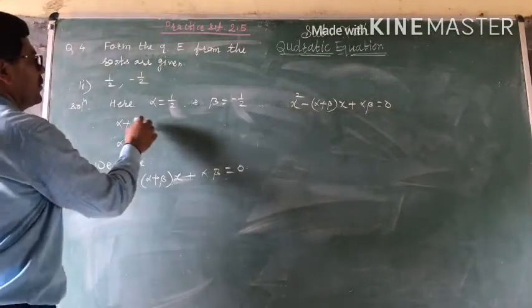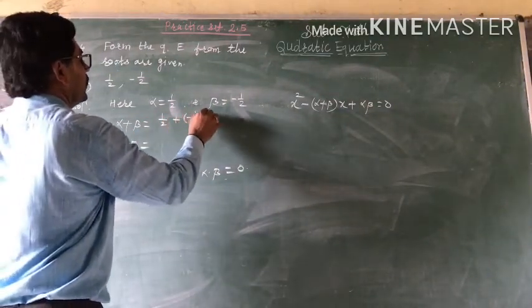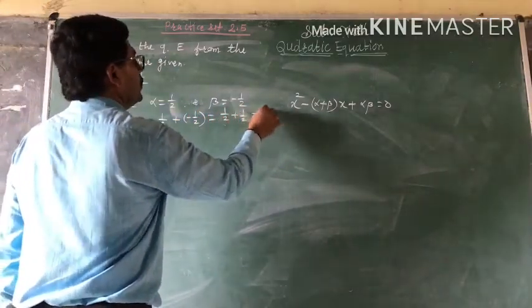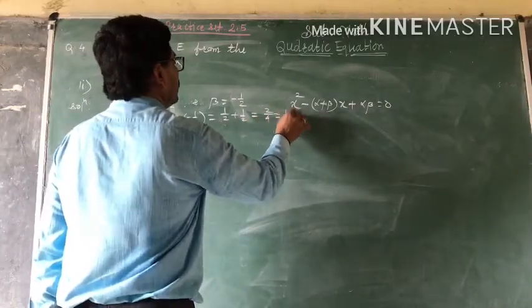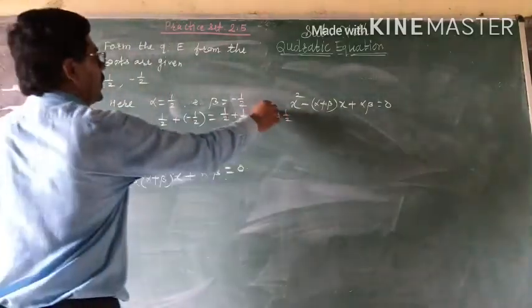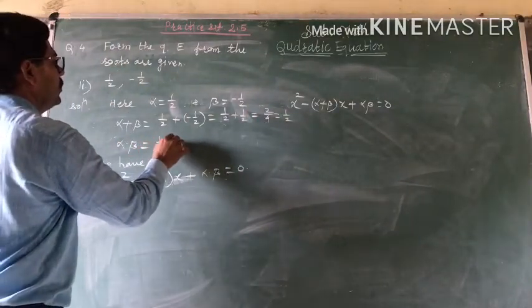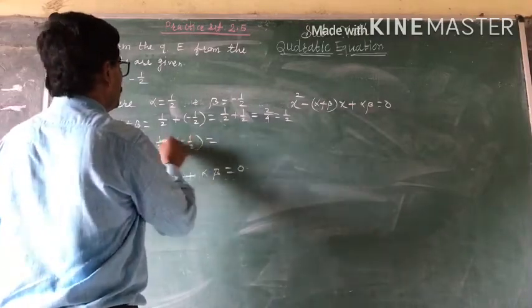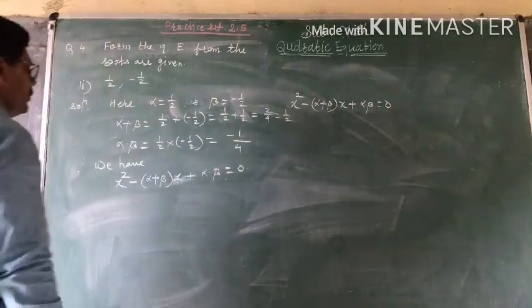First find the sum of these two: 1/2 plus minus 1/2 is equal to 0. And the product alpha into beta is 1/2 into minus 1/2 is equal to 1 into minus 1 upon 4, which is minus 1/4.